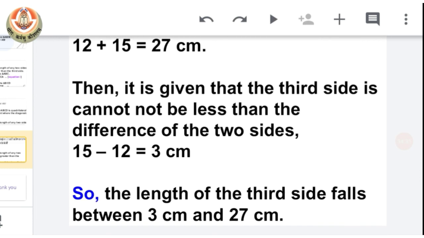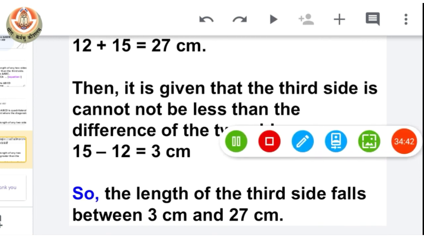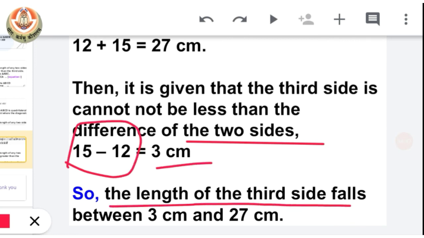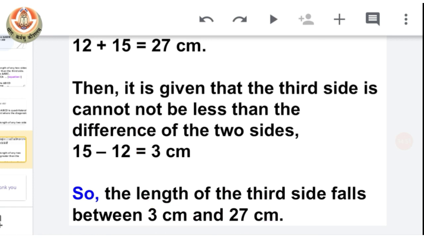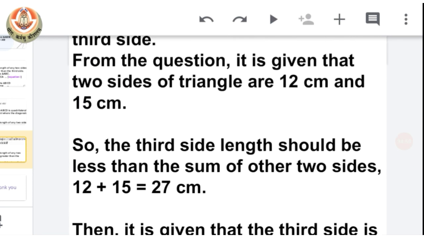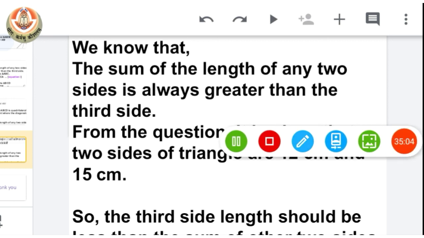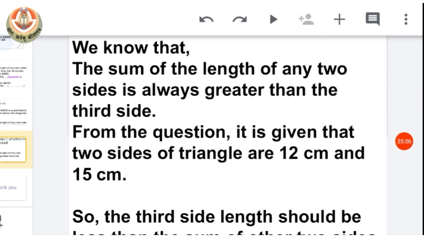And the third side cannot be less than the difference of the two sides, that means the difference is 3 centimeters. So the length of the third side falls between 3 and 27. That means the third side should be less than the sum of the two sides and greater than the difference between the two sides.